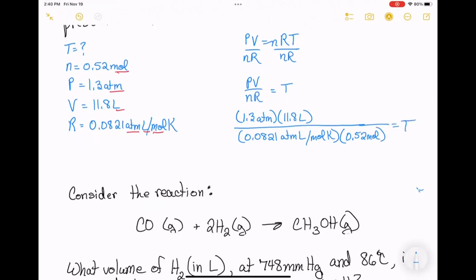And that will give me my temperature, which comes out to be 359.3 Kelvin, which if we're keeping up with significant digits, I would round to 360 Kelvin.